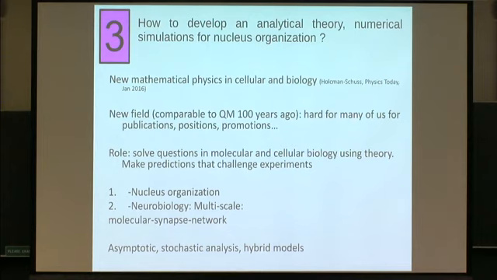And I would say, as in every new field, when you have young people entering the field, it's always hard to publish. We always ask ourselves, where to publish this? This belongs to mathematics, physics, computational biology. It's not clear what's the appropriate journal for this. And indeed, we have seen in the last couple of years many new journals appearing. And it's true not only for publication, but also for young people: how do you find a position in this field? 10, 15 years ago, this was very hard.